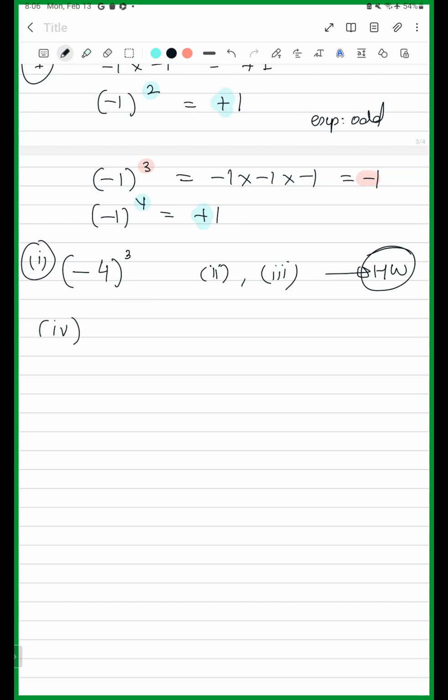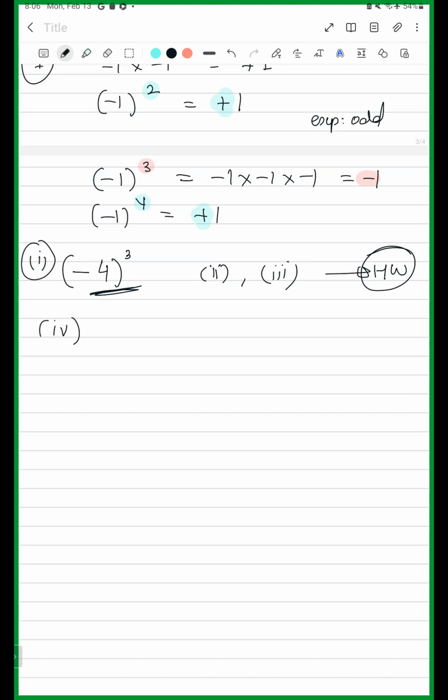We did the first one, -4 to the power 3. Find it. -64. Very good. -64.